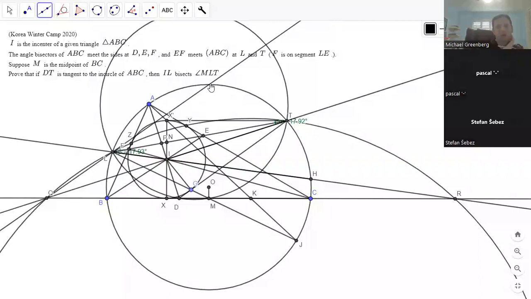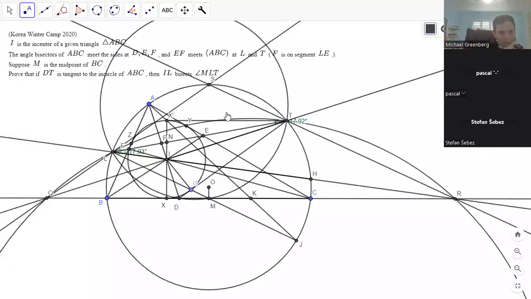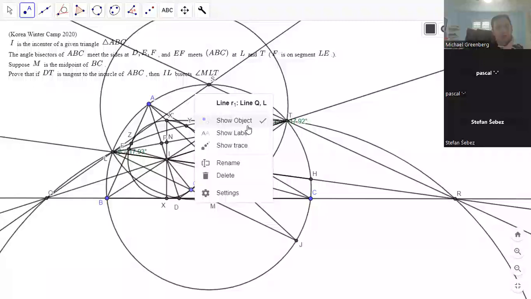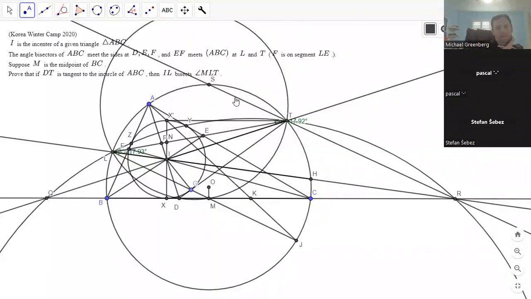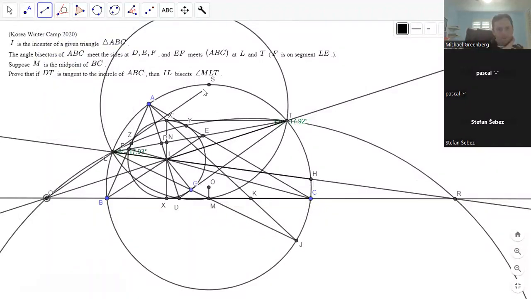But that point looks like the midpoint of the arc. Yes. Interesting. So if we could show this, then the only thing left would be to show that TX prime is actually tangent.